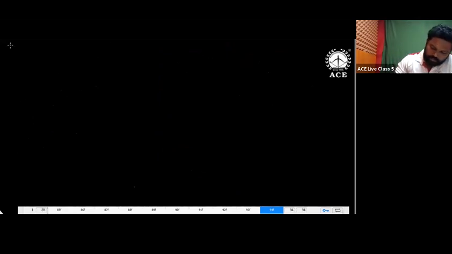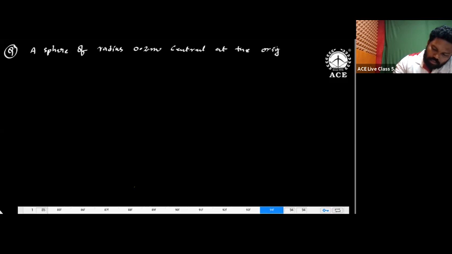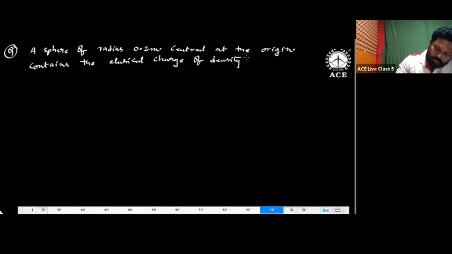Let us have some question here. A sphere of radius 0.2 meters centered at the origin contains electrical charge of density 2 by square root of x square plus y square coulomb per meter cube.